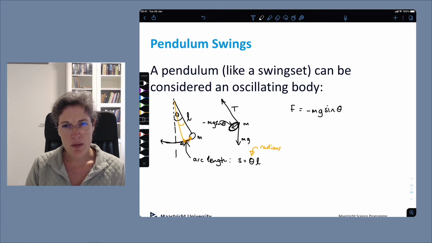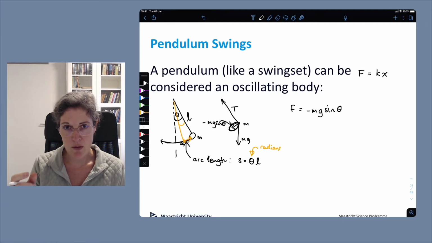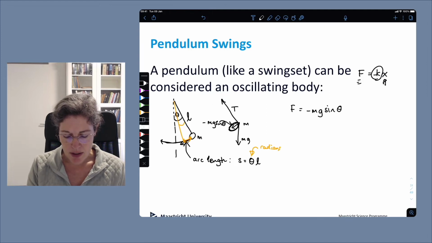And you might look at this and go, that's a sine, and we didn't have a sine in the equation for our oscillations. Let me back up a bit: from what we've seen so far, simple harmonic motion happens when you have a force that is directly proportional to the displacement. But over here we've got a force that is proportional to the sine of an angle, which isn't quite what we would be looking for.